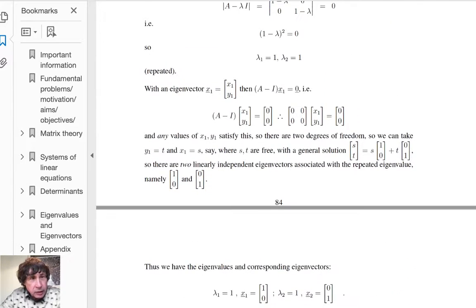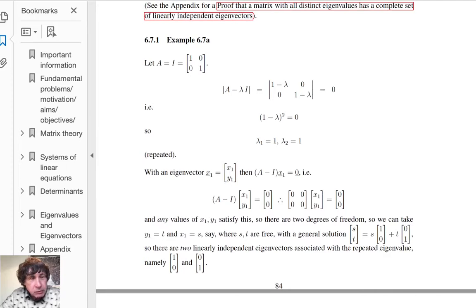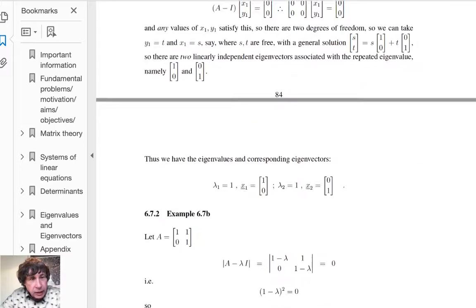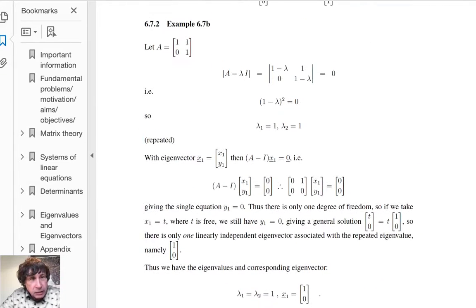Let's just refresh our memory about 6.7a. We were looking at the eigenvalues and eigenvectors for the 2 by 2 identity matrix, and we found that the eigenvalues were repeated. They were 1 and 1, but we found two different eigenvectors for that repeated eigenvalue. We're now going to look at example 6.7b, which has similar but not identical properties.